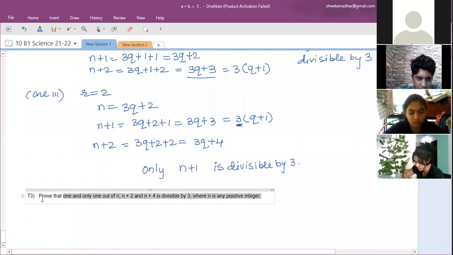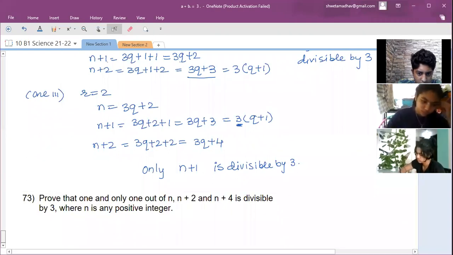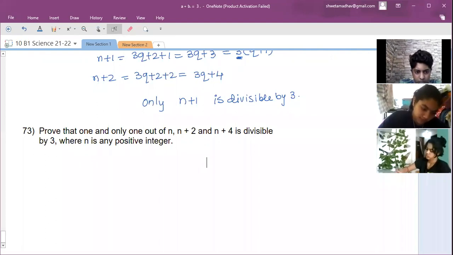But the proof remains the same. Ma'am, so in this also we should represent it in 3 cases? Yes, all three cases, because it is divisible by 3, as they have told.